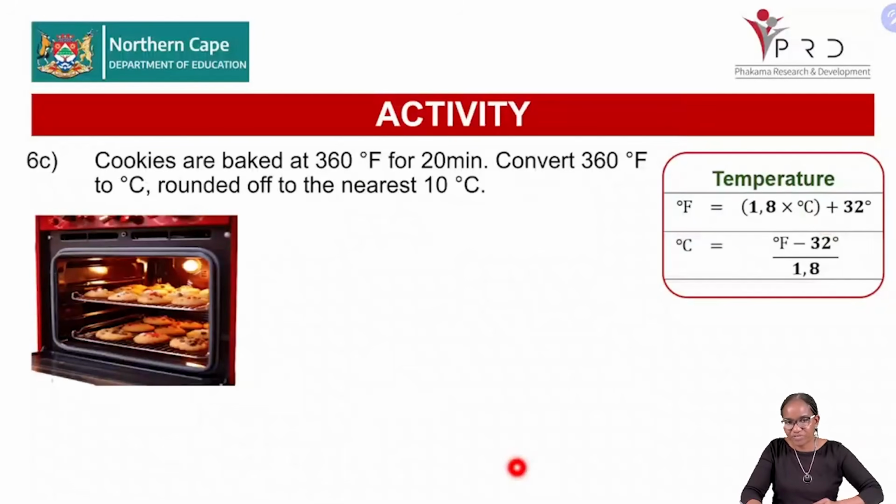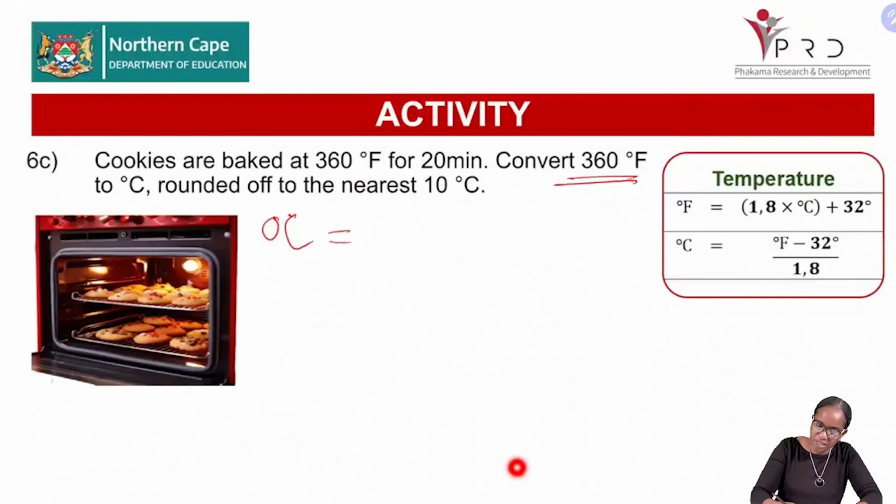First, you have to convert from degrees Fahrenheit to degrees Celsius. After finding out how hot your oven is in degrees Celsius, you convert that answer to the nearest 10 degrees Celsius. Let's start by converting 360.